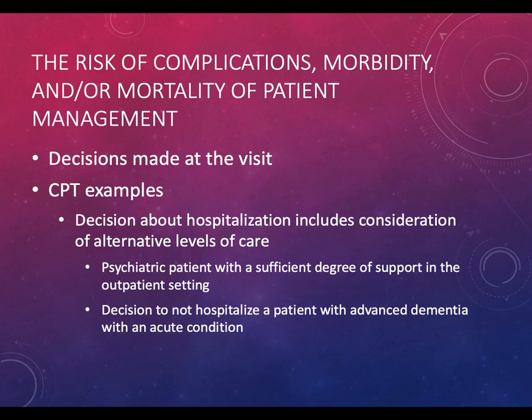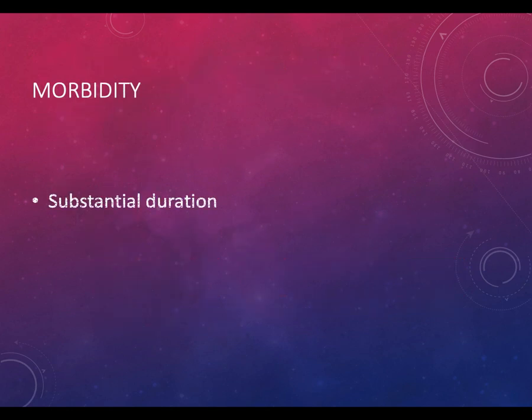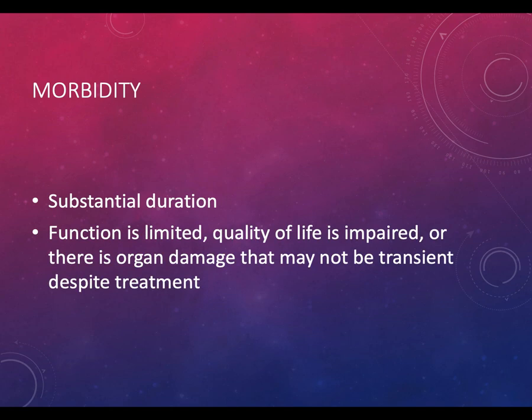CPT examples are decision about hospitalization includes consideration of alternative levels of care, such as psychiatric patient with a sufficient degree of support in the outpatient setting, and decision to not hospitalize a patient with advanced dementia with an acute condition that would generally warrant inpatient care, but for whom the goal is palliative treatment. Morbidity includes an expectation of substantial duration, of limited function, impaired quality of life, or long-standing organ damage despite treatment.